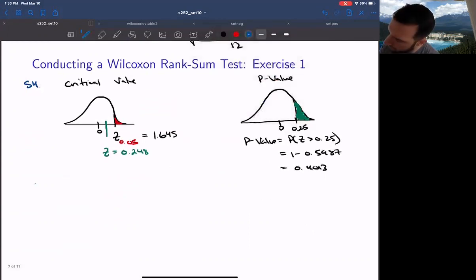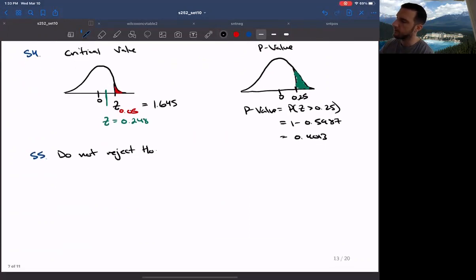Okay, so regardless of the test that we take, we do not reject H0.